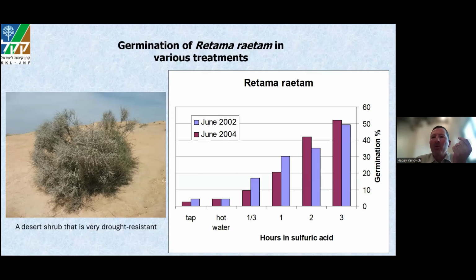But you will ask why we didn't try 4 hours. I can tell you that we tried 4 hours, and after 4 hours, the percentage goes down. So we know today that 3 hours is the maximum, and we get something like 50% germination. But of course, if someone tries to germinate it only with tap water, you will get almost no germination.